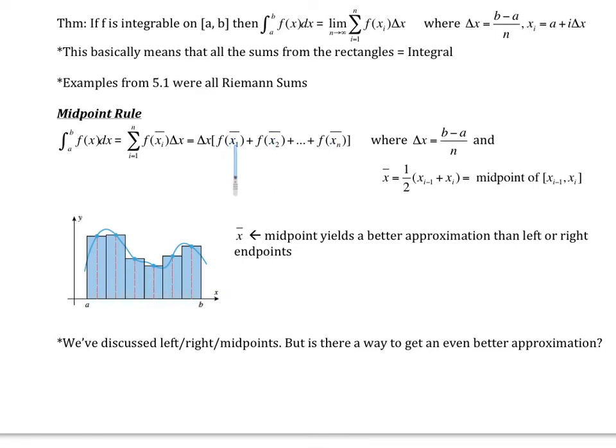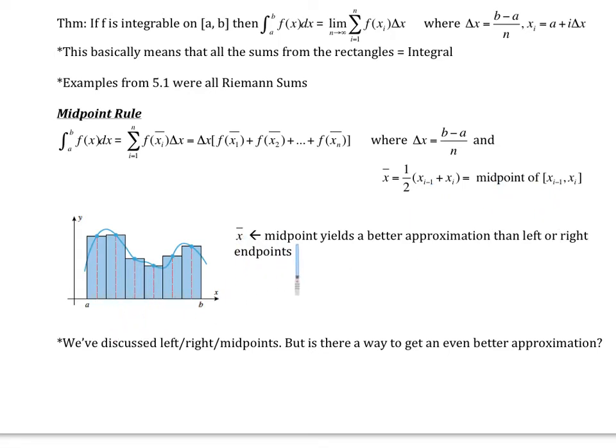The average of the two endpoints of the rectangle will give me the midpoint. So delta x equals b minus a over n, and the average is 1/2 times x sub i minus 1 plus x sub i. So it's the midpoint between the two x values.